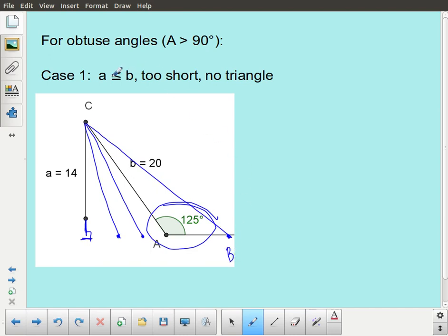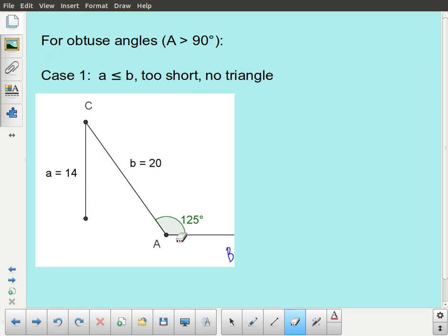And so that's why I say if the side A, for example here 14, if it's less than or equal to B, which is 14 is less than 20, no triangle. Made quite a mess there. Let me just clean that up. So make sure you remember, even there I had a momentary lapse.